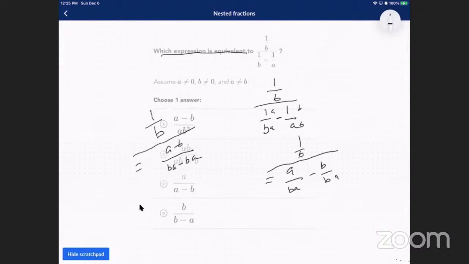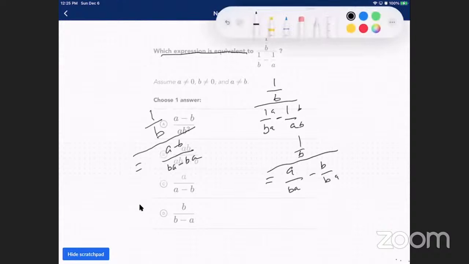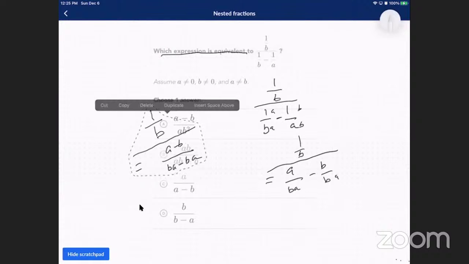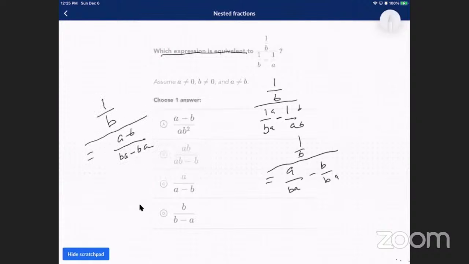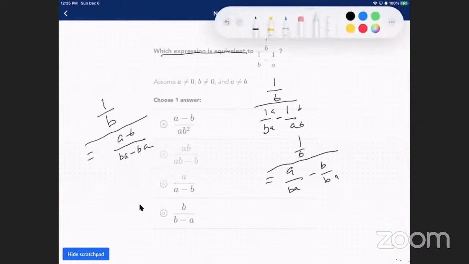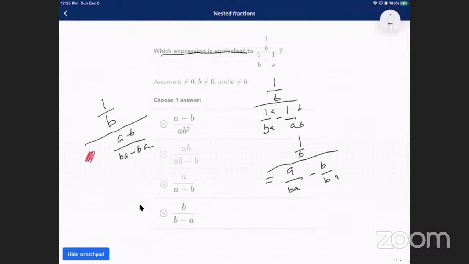So let's move it over. Yeah, so now we have that, and we have 1 over b, which is equal to this.